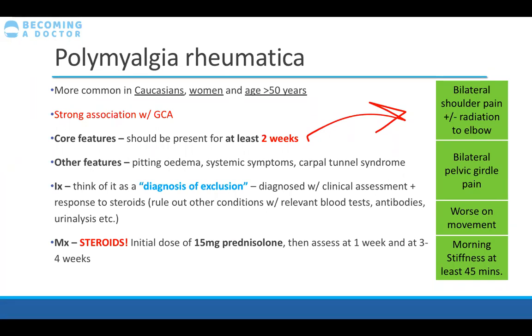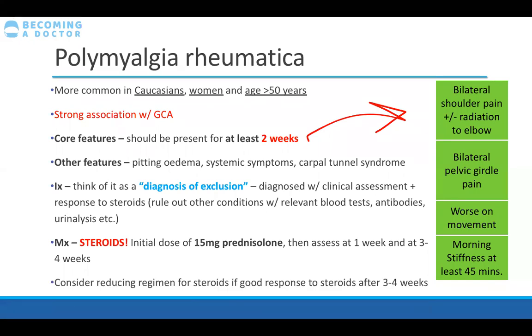But if at the end of 1 week they say, "Oh, doctor, I'm feeling the same," then you need to stop the steroids and investigate for other causes, because it's unlikely to be polymyalgia at that point. And after 3 to 4 weeks, you want to consider reducing the regimen for steroids. In terms of the reduction regimen, it can take months to wean them off steroids. They can have flare-ups in the middle, so you want to go really slowly.